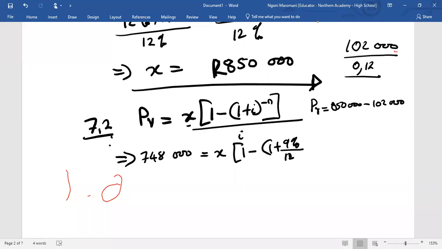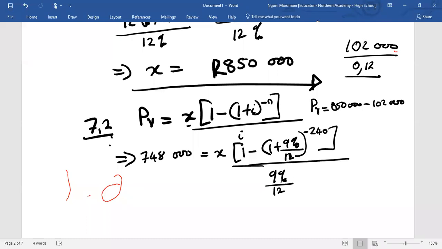Are we all there? Yes. To the power of, we are told that it is 20 years. How many months are there in 20 years? 240. So to the power of minus 240, all over our interest rate, which is 9% compounded monthly.